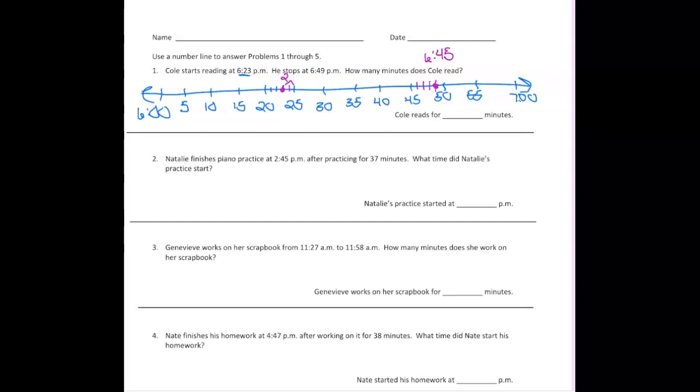So we're at 2 minutes, 5 more is 7 minutes, 5 more is 12 minutes, plus 5 more is 17 minutes, plus 5 more is 22 minutes, and now we have to count by ones, 23, 24, 25, 26. So Cole was reading for 26 minutes.